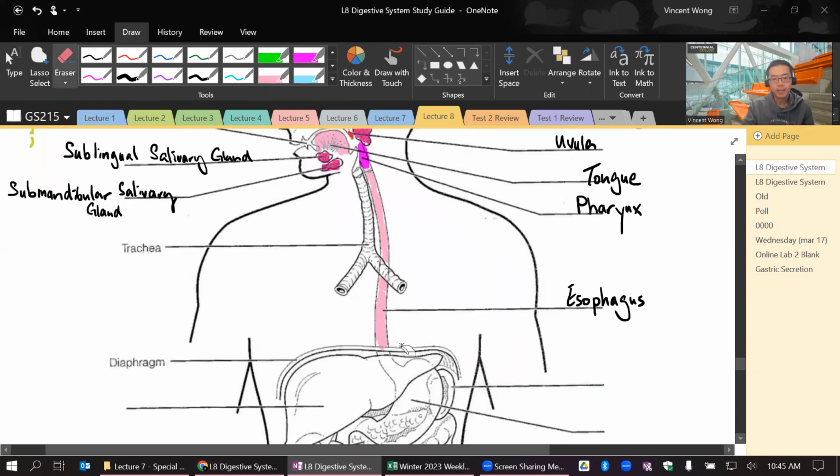And in the diaphragm right here, there is an esophageal hiatus. It allows the esophagus to go through.